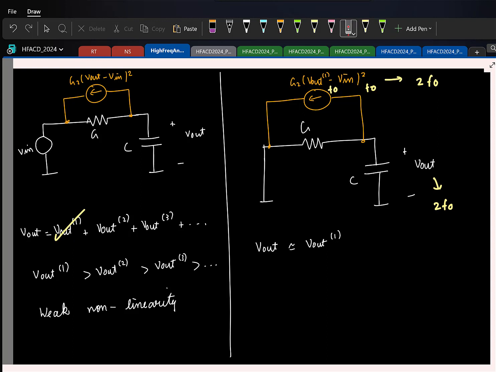So which of the components am I getting here? The second order nonlinearity. Okay, so here if I find V out, that will give me this. Now I found V out 2. What do I do next?